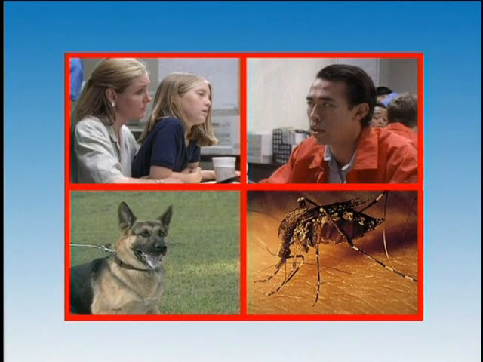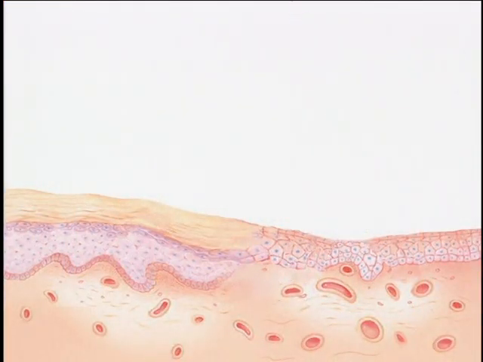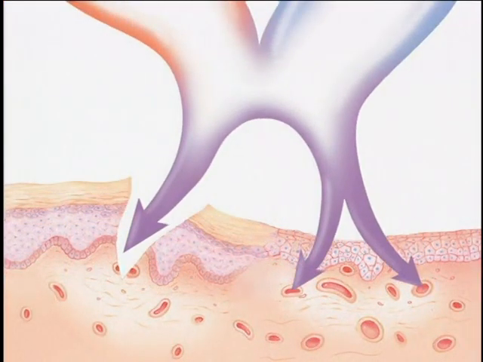Before discussing types of infectious diseases, we should first consider how infections occur. Any disease that can be passed from person to person, from animals, or insects is considered infectious. The disease process begins when the disease-causing pathogen or germ enters the body.